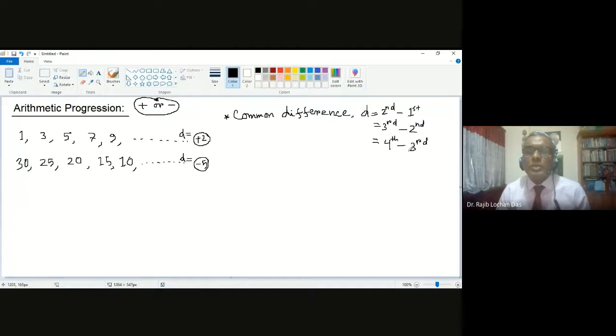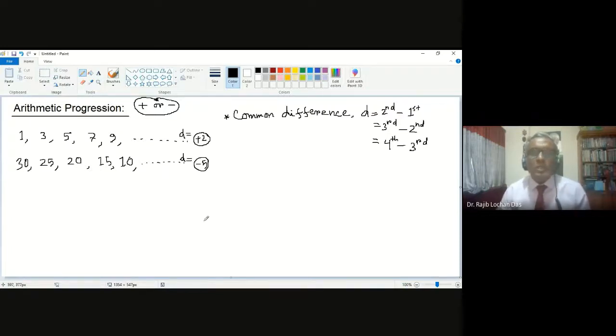In the same way, you can write fifth number minus fourth number. So every time it will be equal. Every time it will be equal. Same D will come.